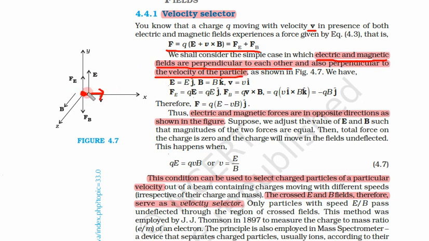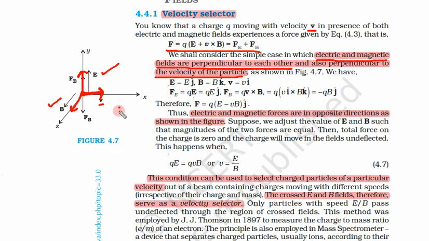Let us say this particle is going in this direction with velocity v. Now what is the direction of the magnetic field? First let us say this is the direction of the magnetic field. What is the third direction? This is the third direction, the direction of the electric field.